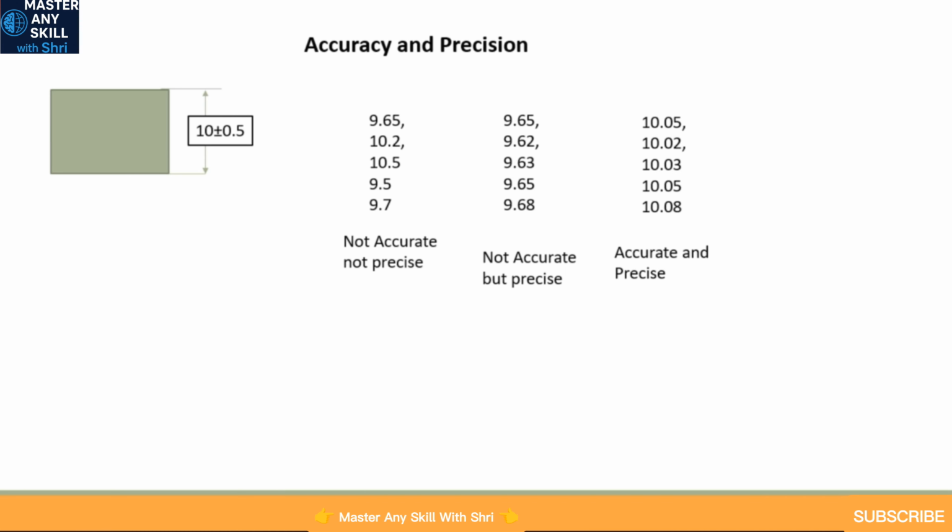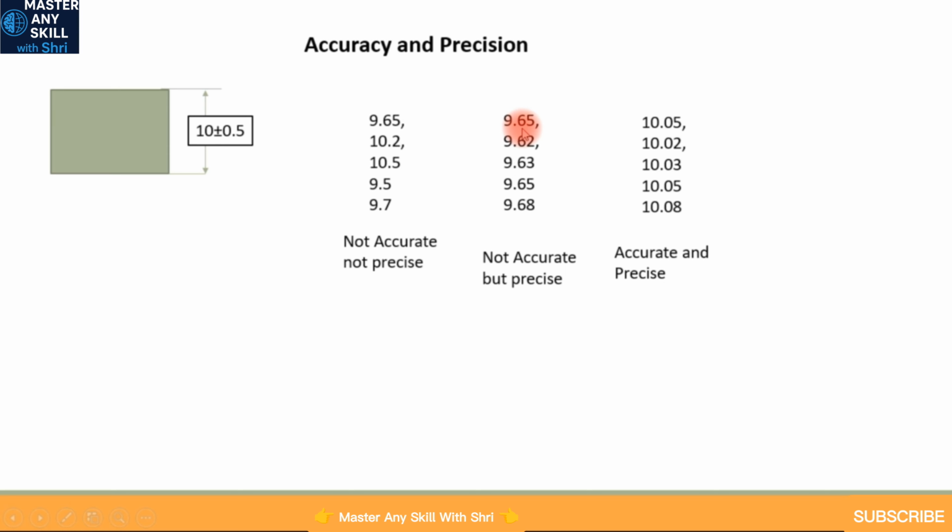So if we are making 5 parts and measuring this width for all those 5 parts, and you get the data as shown here in the first case, 9.65, 10.2, 10.5, 9.5, 9.7, it means that it is not accurate and also not precise, because none of these data are very close to 10 and all of the data are scattered. So the process is not accurate and not precise.